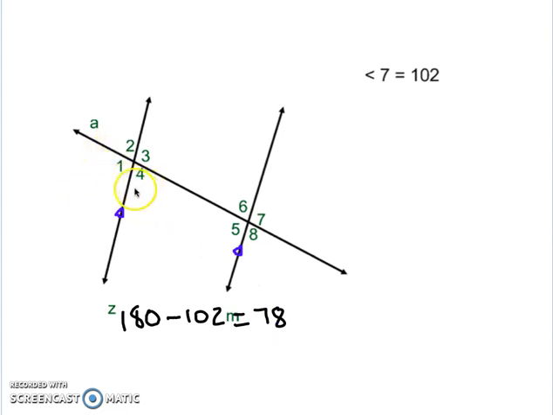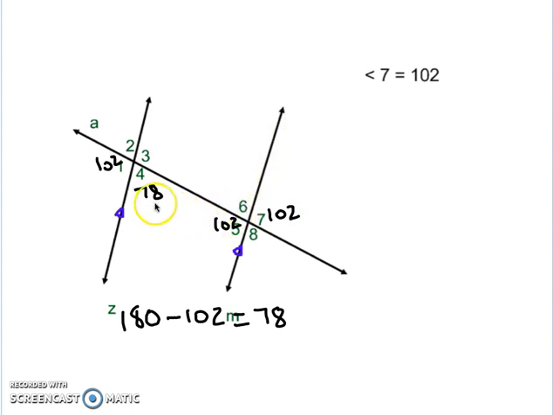So angle 4 must be 78 degrees because we know that angle 5 is 102. We also know that angle 1 was 102 and angle 7 was 102.